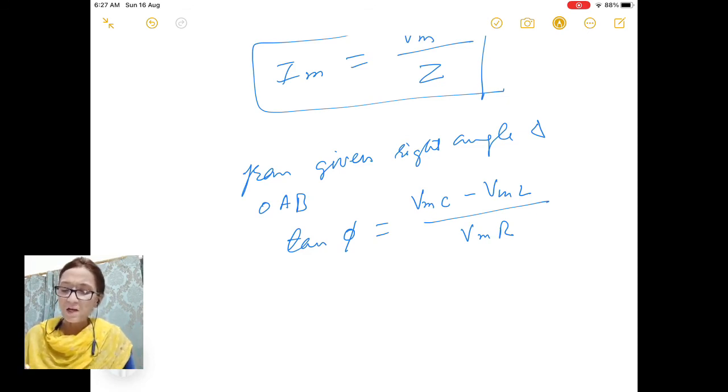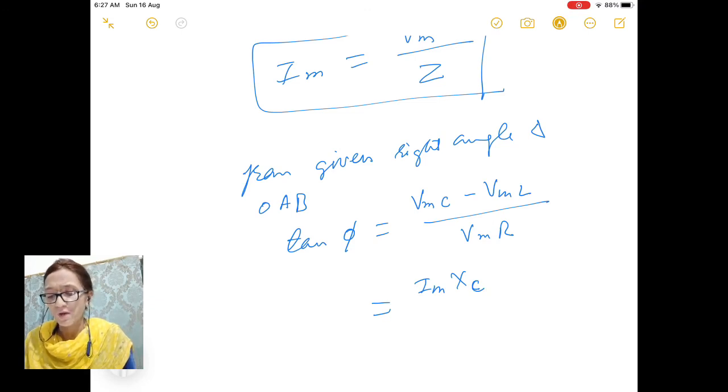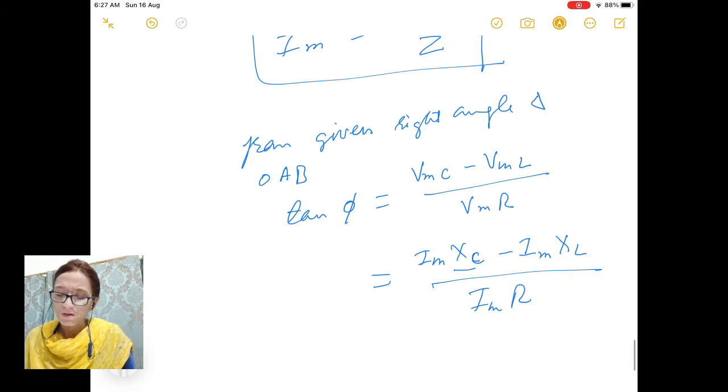So this is equal to the phase angle, and you can change this VMC by IMXC. Here V is voltage, and from Ohm's law V should be equal to IR, and through the capacitor the resistance is actually the capacitive reactance, that is XC. Similarly, here you can write IMXL divided by IMR.